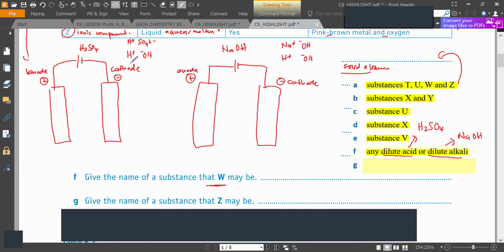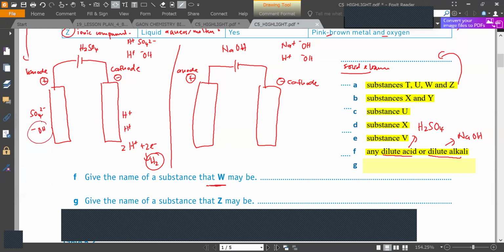Now we will look at the cathode. It will attract H plus. No choice, so H plus will react: H plus plus two electrons turns into hydrogen gas. At the anode, it will attract sulfate and hydroxide.